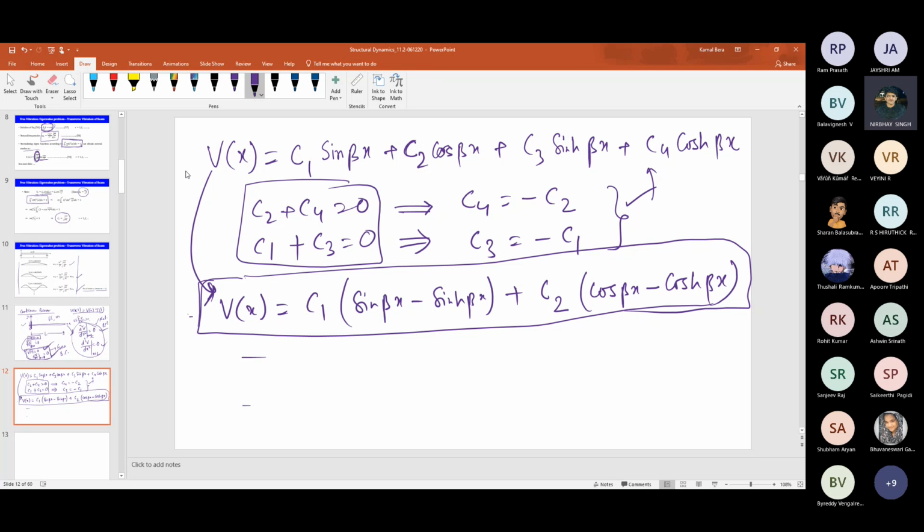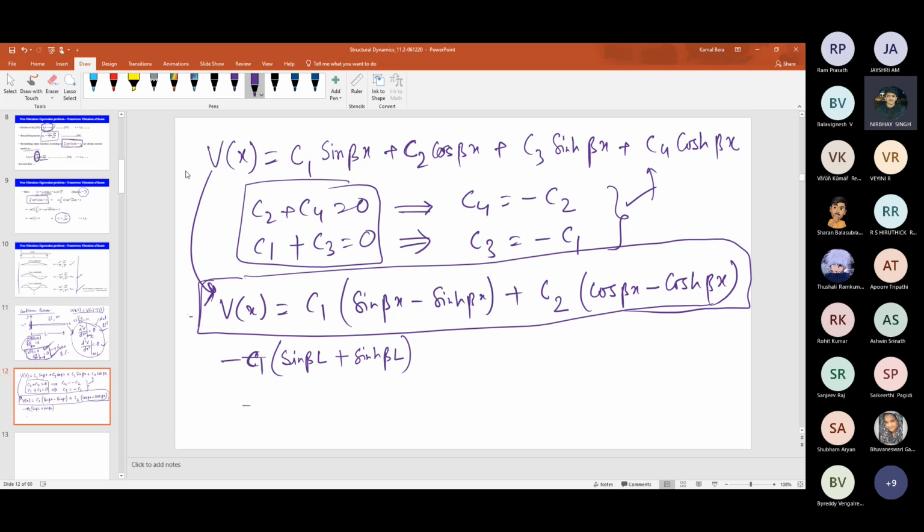So minus C1 bracket, minus sin beta L, minus sinh beta L, you do it carefully, otherwise you get the wrong answer.